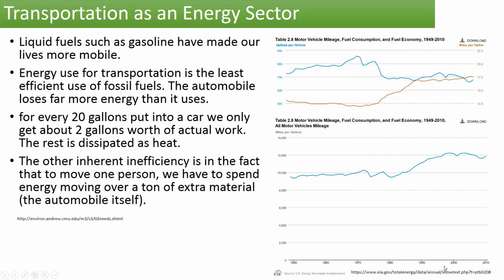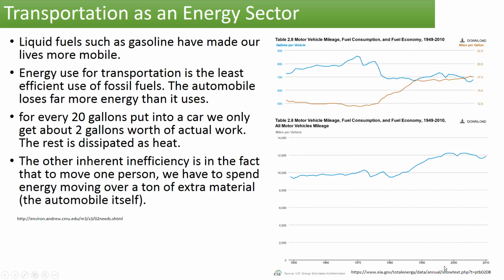The blue line on the top is gallons per vehicle, and the orange line is miles per gallon. On the x-axis, we have time from the 1950s all the way to the 2010s. So we see that the miles per gallon has increased. So there is better efficiency since the 1980s.